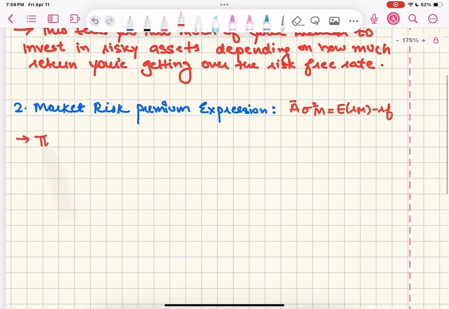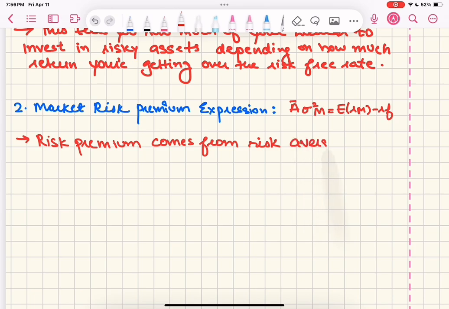So this shows that the market risk premium is driven by two things: how much risk investors can tolerate and how volatile the market is. If everyone's feeling cautious or the market's super shaky, you'll need more return to justify investing.